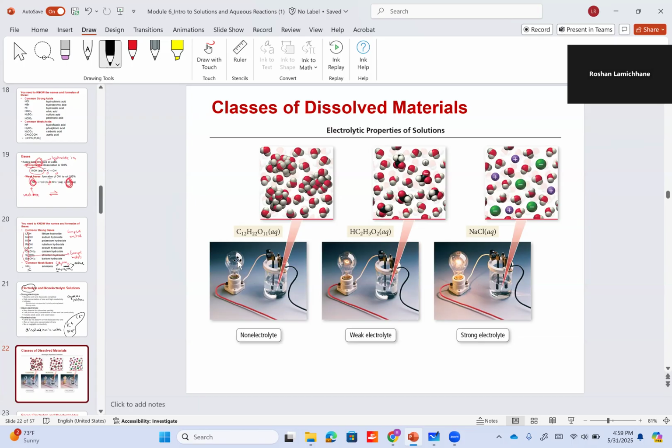So an easy way to think about this: the ones that light up the bulb the brightest are called strong electrolytes. The ones that light up the bulb but not as bright are called weak electrolytes. And the ones that do not light up the bulb at all are called non-electrolytes.